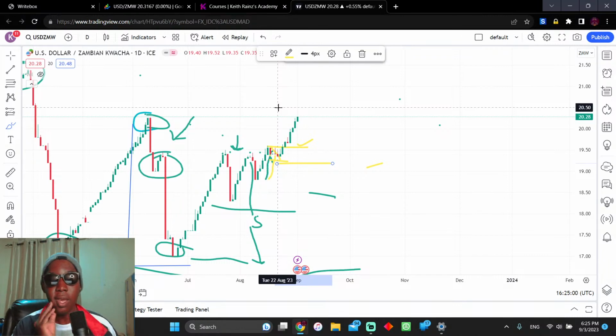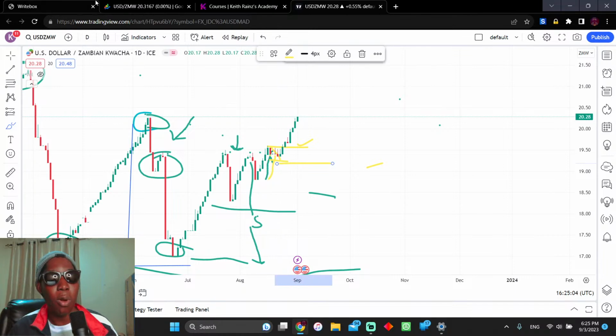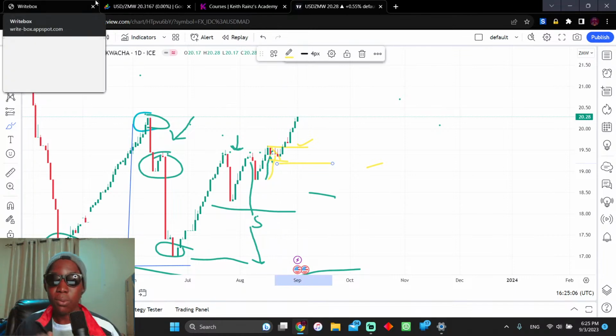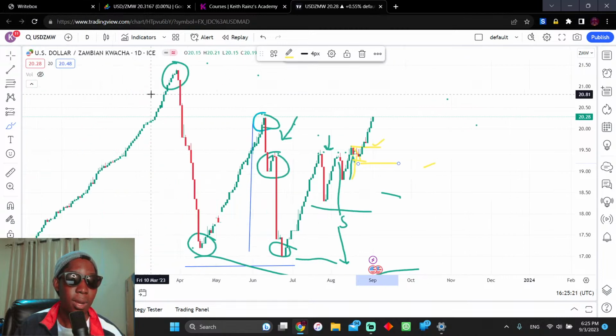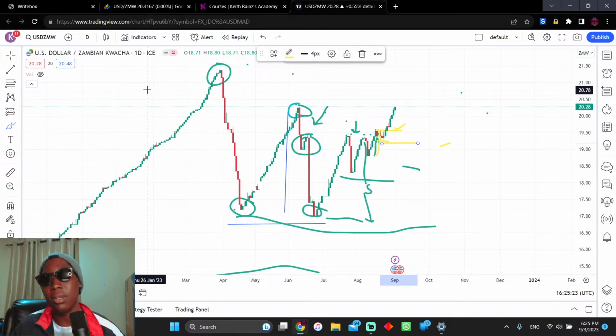So now that we've understood the technical part of this pair, let us try to see some possible outcomes, like what will happen from here. I've been looking at this price chart for the USD and the Kwacha for a long time, and it's really easy to understand its price structure and how it moves.